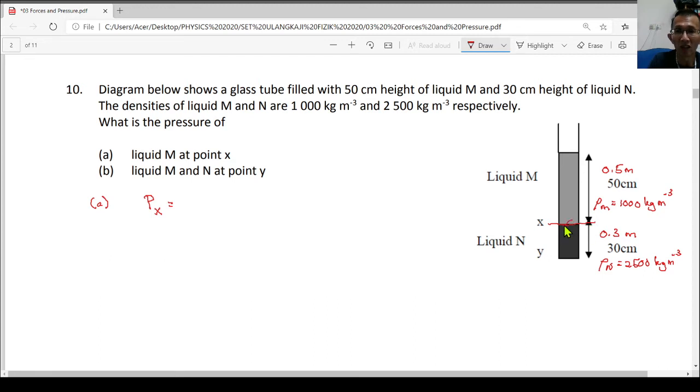So what is pressing this point? It's only the M liquid. Liquid M is pressing at this point. Alright, so I will use my density for M multiplied by G multiplied by the height of that liquid M. The density for M is 1000 multiplied by the gravity 10, and then the height, the length of the liquid M column, is 0.5.